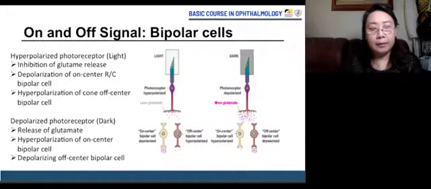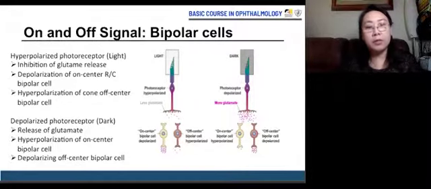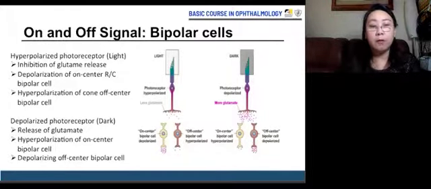So with light, there is hyperpolarization of the photoreceptor cells, which inhibits glutamate release. This will cause depolarization of the on-center bipolar cell and hyperpolarization of the off-center bipolar cell.